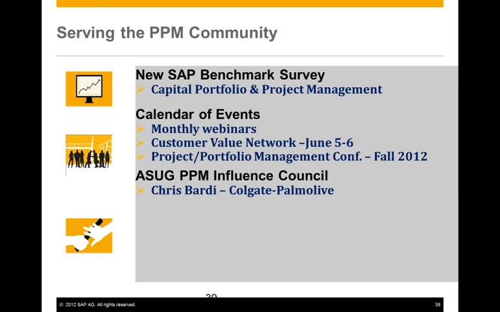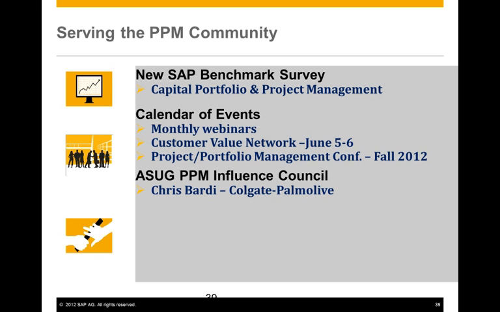What I'd like to wrap up with is some observations in the market and some of the things that we're looking to do from SAP and through our partner ecosystem. And that is to build and continue to build this PPM community. I think there's been a strong community around project concepts for a number of years.